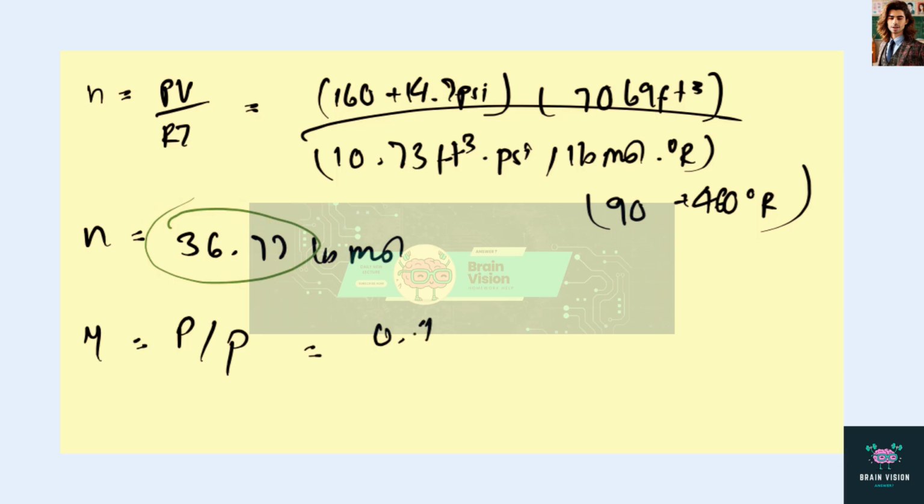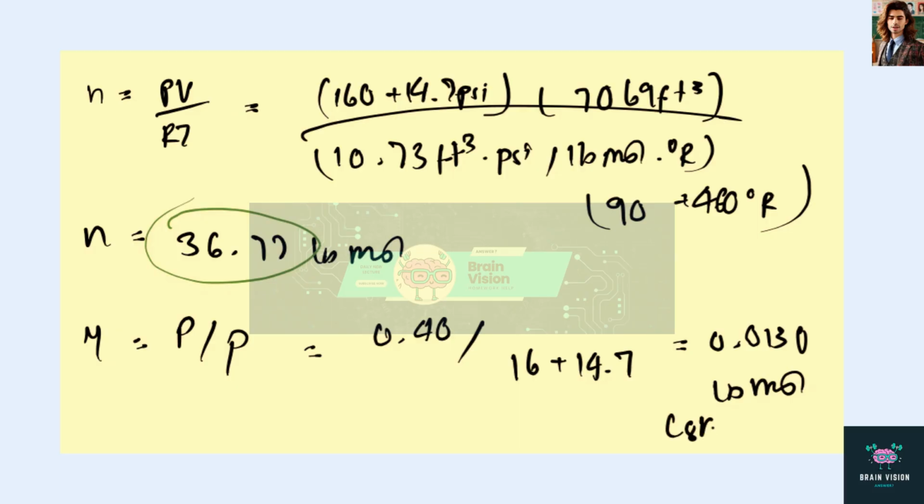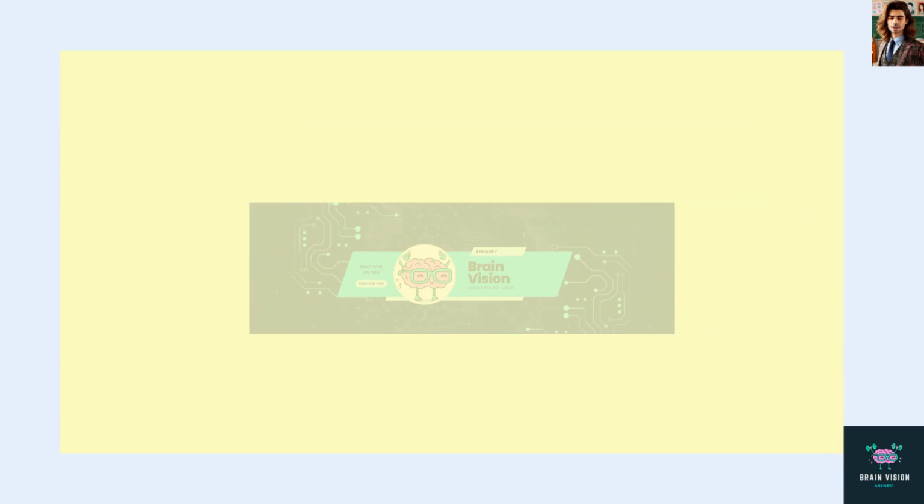So we have 0.40 divided by 160 add 14.7, 0.0130 pound moles of C8H18 per pound mole. So the mole fraction of n-octane is 0.0130.